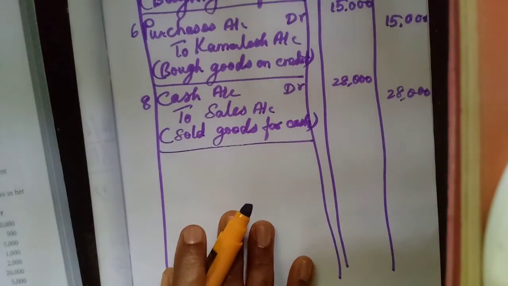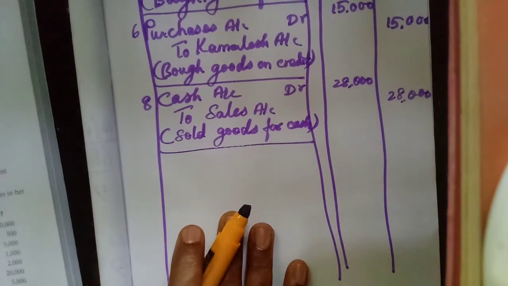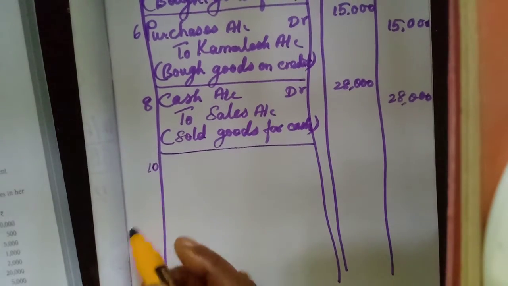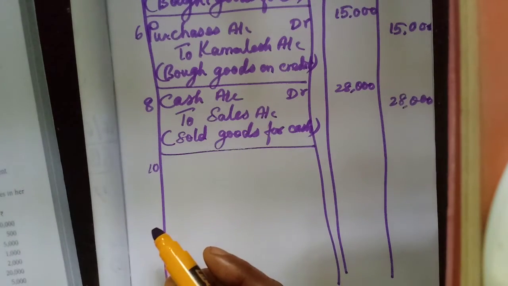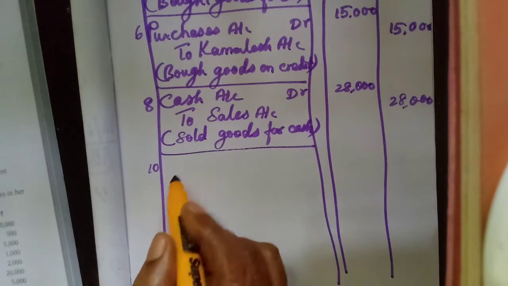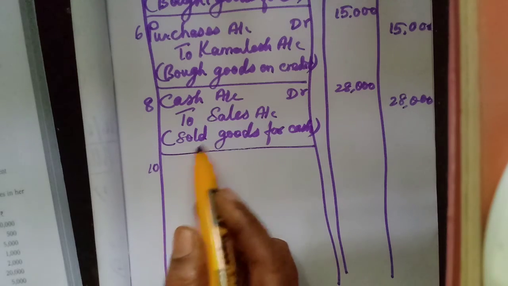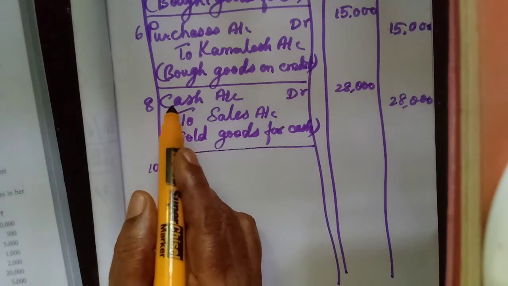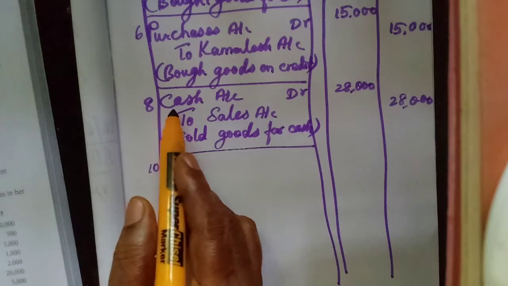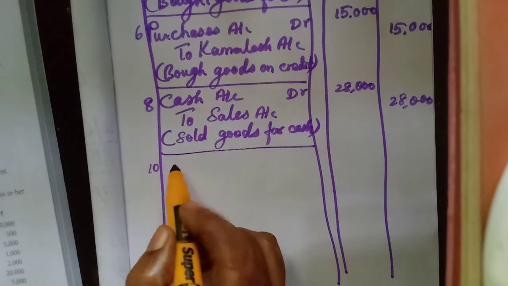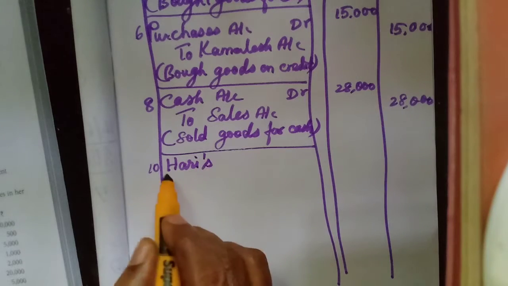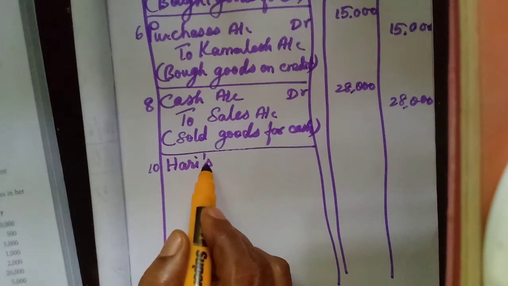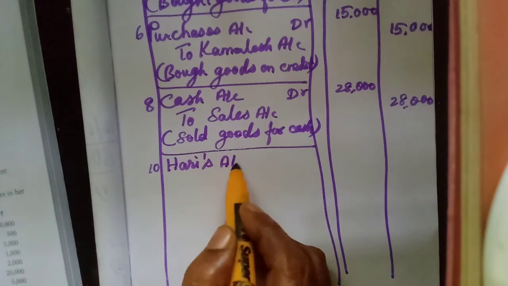Okay. Then after 8, 10. Sold goods to Hari on credit. So here we are not receiving cash, but the receiver is whom? Hari. To Hari only we are selling. So he is the receiver. For a person's name, we should write apostrophe S account.